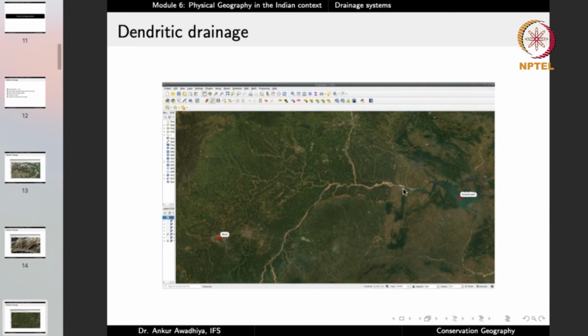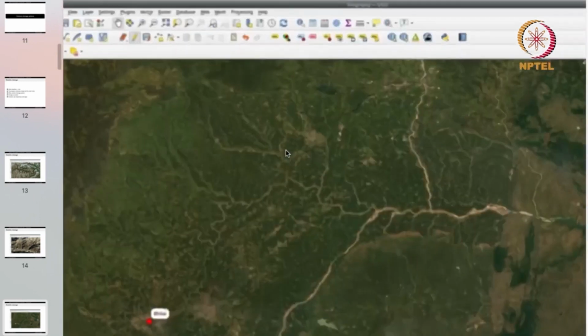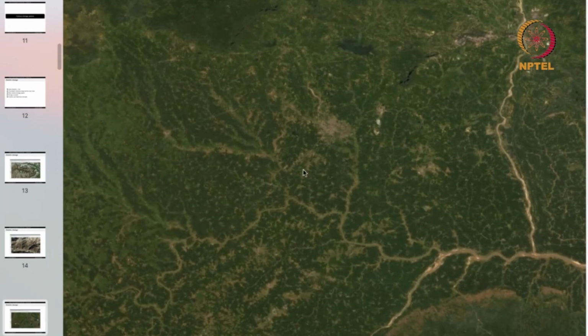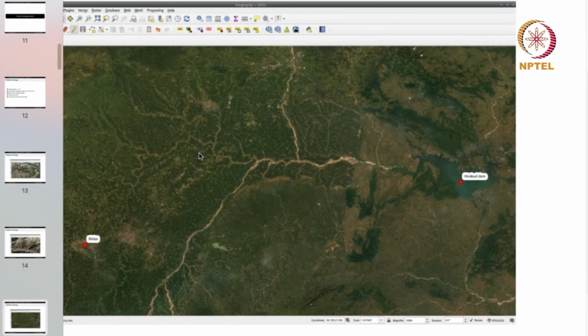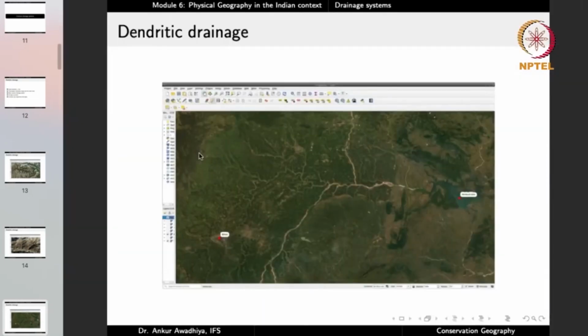In this case as well, you can observe that this is the main branch, and then we have a sub-branch here, a sub-branch here, a sub-branch here, and all of these have their own sub-branches. If we zoom into this area, this is a branch, and this branch has its own sub-branches. So it looks like a tree, and so this is the dendritic drainage pattern.